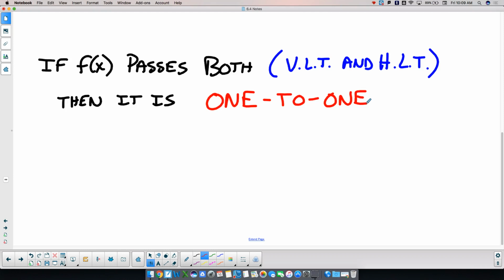Okay? So if it passes the vertical line test, it's a function. If it passes the horizontal line test, its inverse is a function. And then we can call f of x one-to-one. Okay?